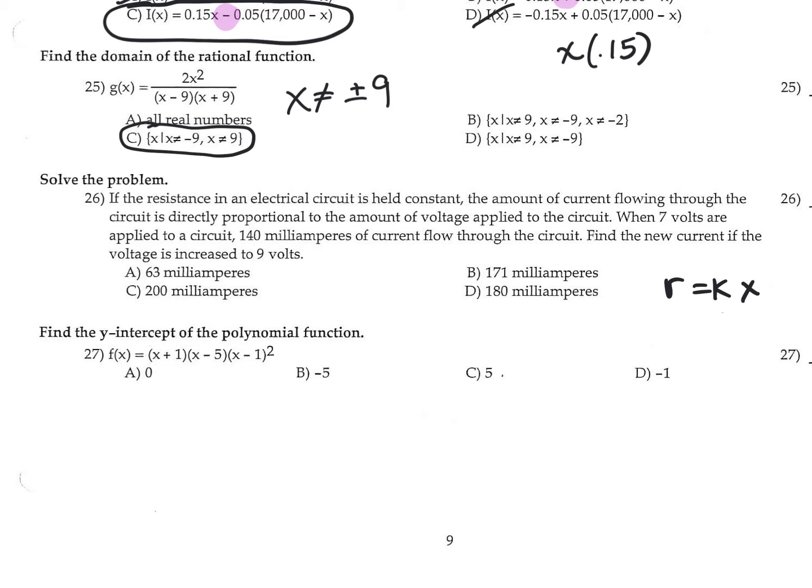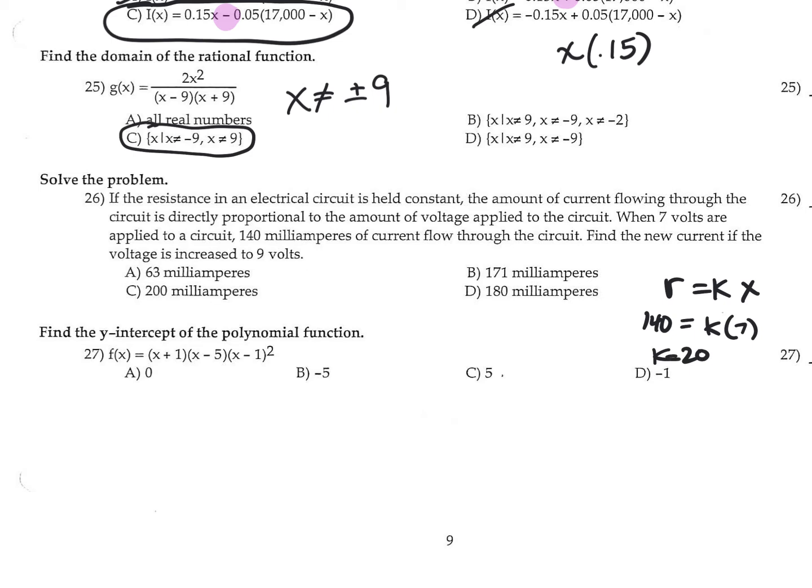So they tell us when 7 volts are applied, 100 milliamperes of current flow through the circuit. So that means we can set this up as 140 equals K times 7. K is our constant. We can see here it is 20.